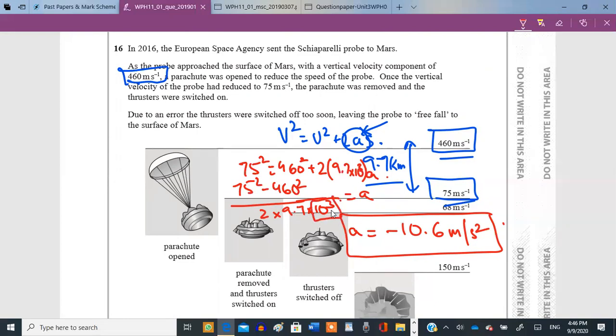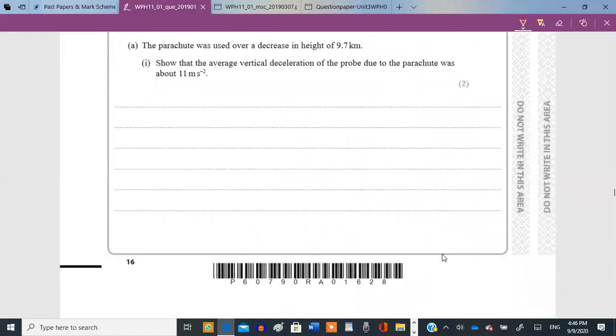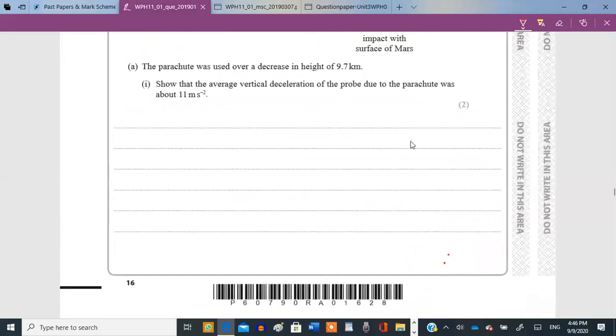I think you missed out the squares. I believe that says negative, minus 3. Oh okay, please change that. Oh yeah, it's minus 10.6. So minus 10.6 meters per second squared.